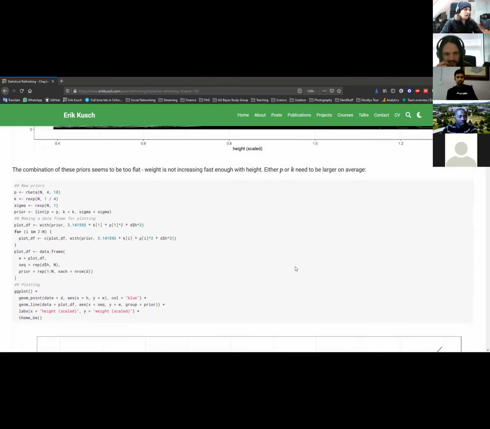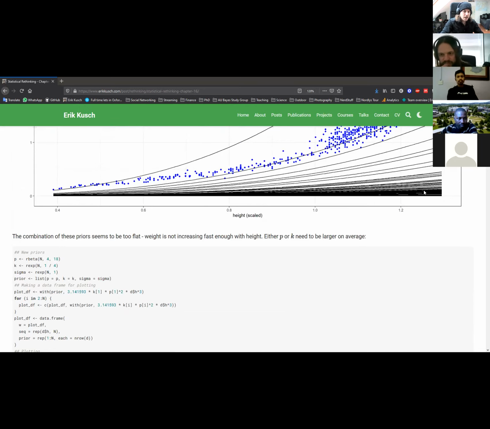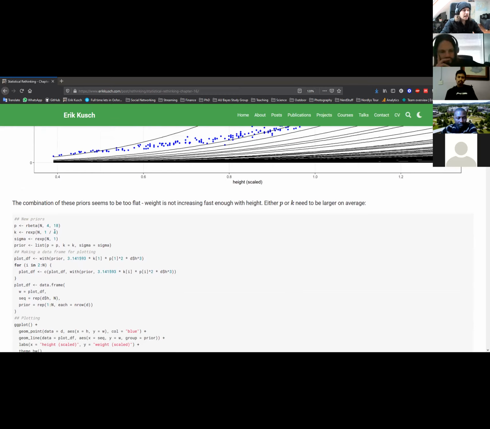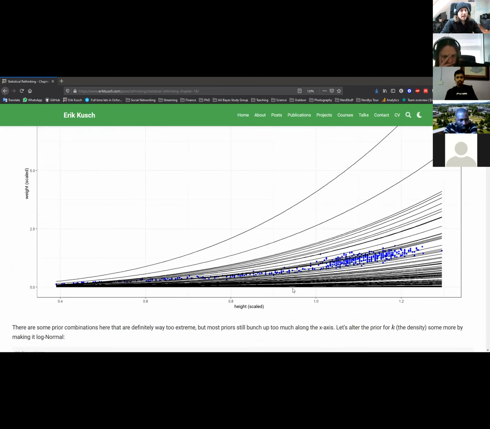So in order to get our prior lines away from just being stuck directly to the x-axis, I increase my P slightly, and I also alter my exponential function for K. That already looks better. Again, I am not looking to fit the data. I'm just trying to find relationships that seem appropriate to me.